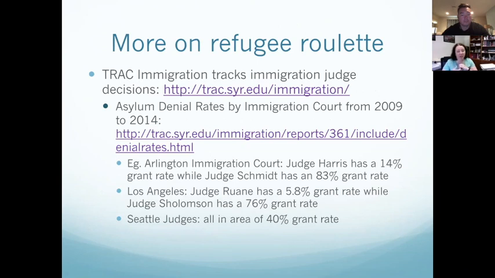Specifically, you can see at the asylum immigration court, if you were unlucky enough to be in front of Judge Harris, you had a much lower chance of having your asylum case granted. Whereas Judge Schmidt, who has since retired and writes an amazing blog on due process issues, had an 83% grant rate when he was at the asylum immigration court.